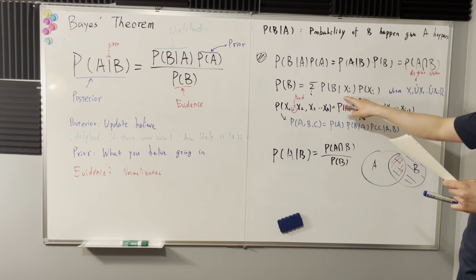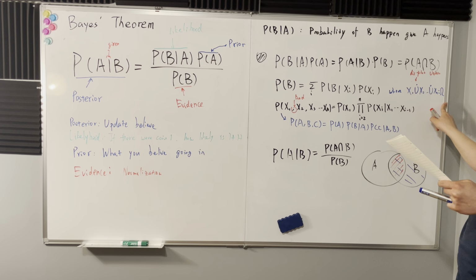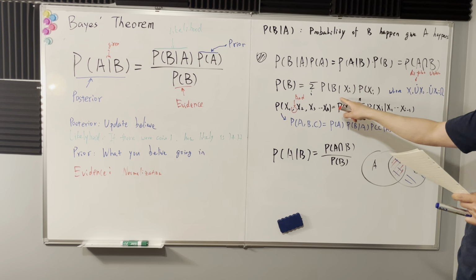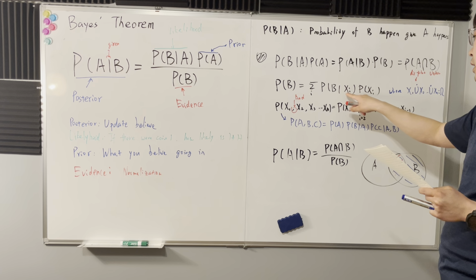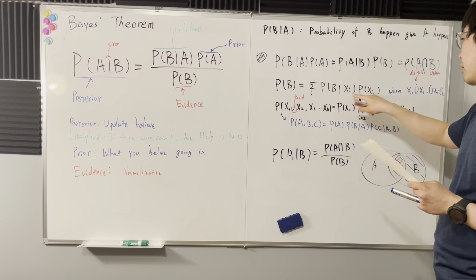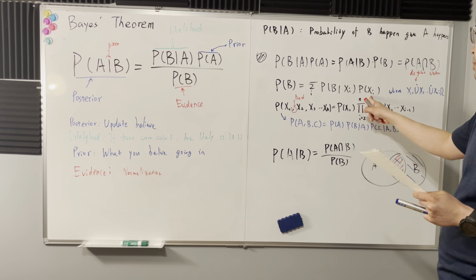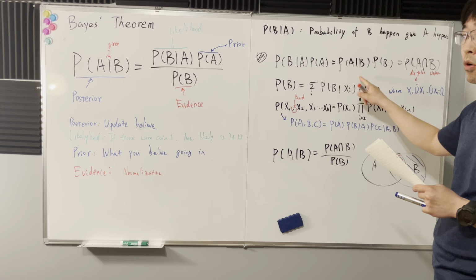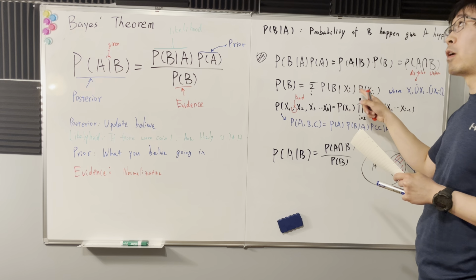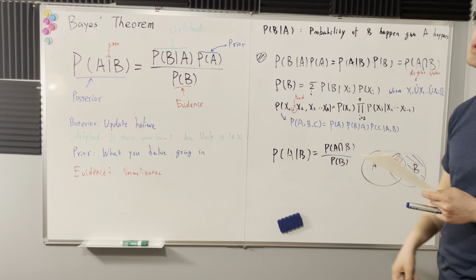Each one of them is not overlapping, but they cover the entire probability space. It's very intuitive to understand as the sum of: given one subspace B happens, given another subspace B happens, and over all the possible subspace scenarios, then B happens, it's the total probability of B happening.